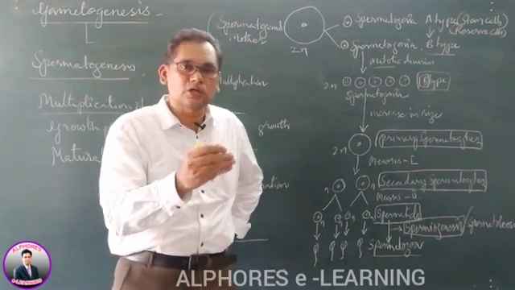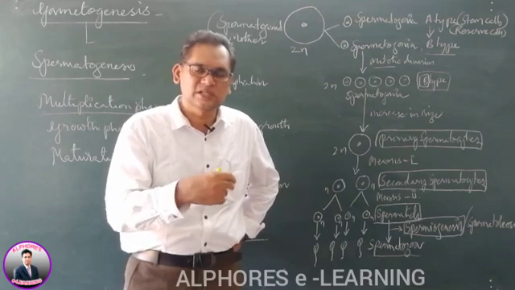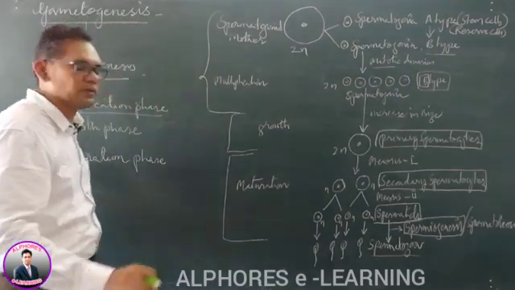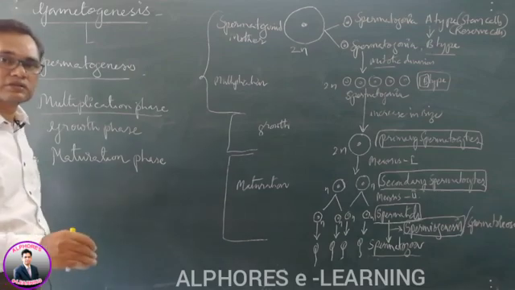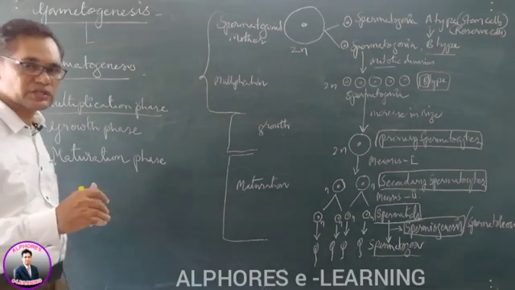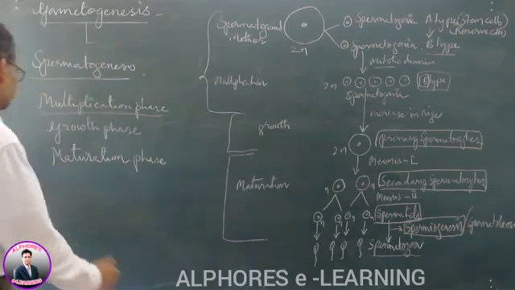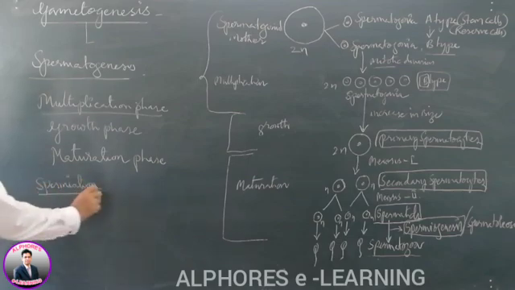From the Sertoli cells, they are discharged into the lumen. Then they are called sperms. This process is called spermiation. What is spermiation?